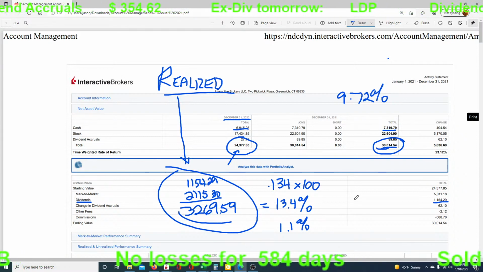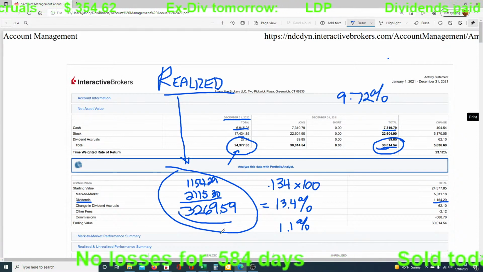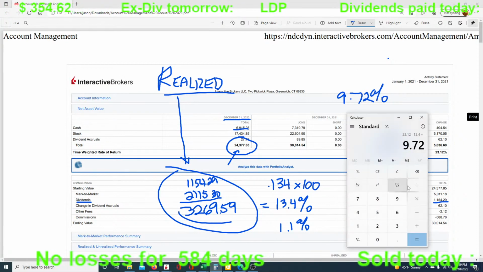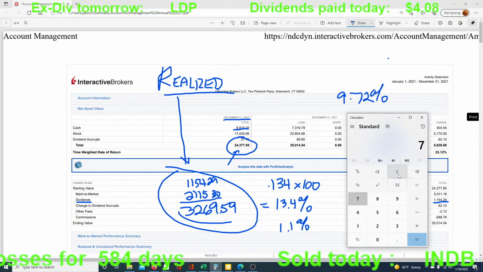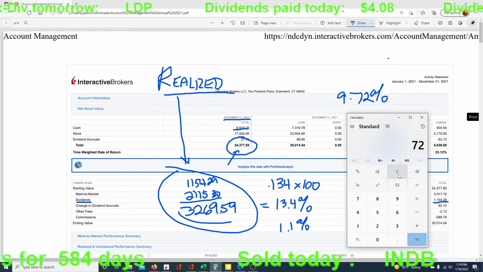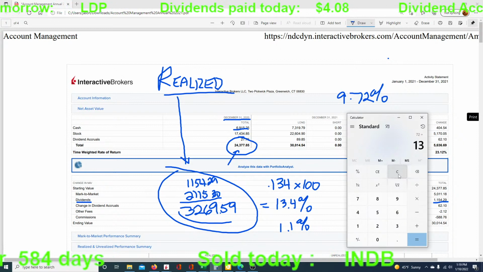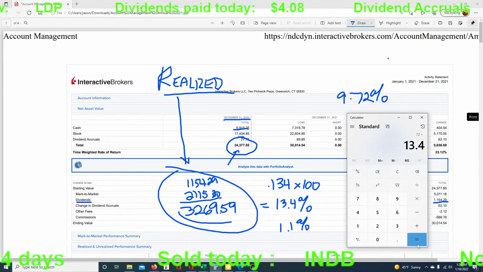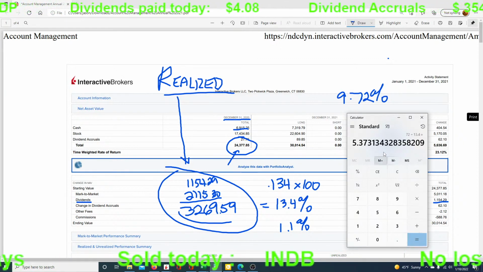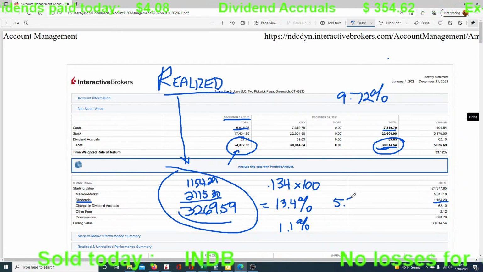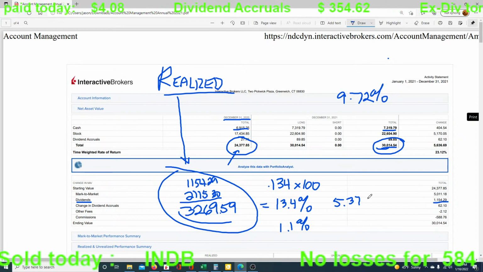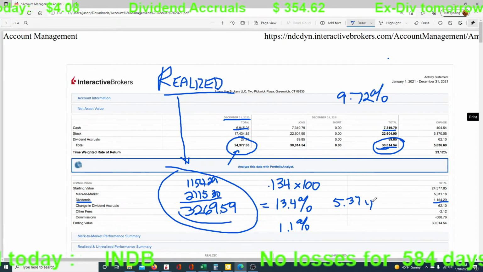One more step here and I'll let you go because I've got to get back. If we take that 13.4% and use the rule of 72, dividing 72 by 13.4%, we get 5.37 years. If you just stick with this, it takes 5.37 years to double your money.